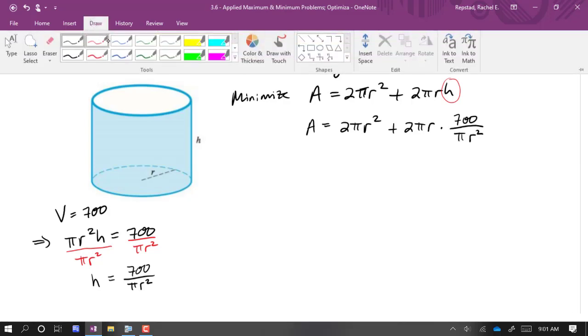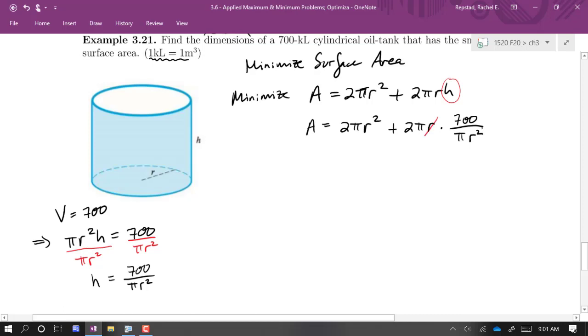We can do a little simplifying here. So now, let's see, we've got 2 pi r squared plus, oh, and also I guess the pi's will cancel here too.